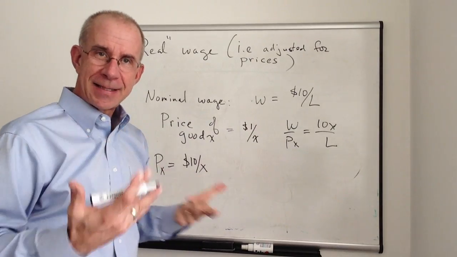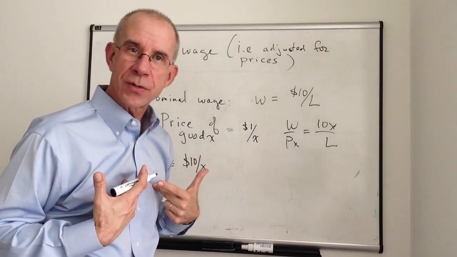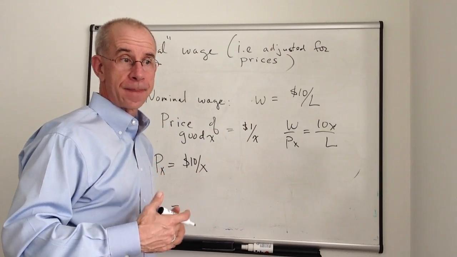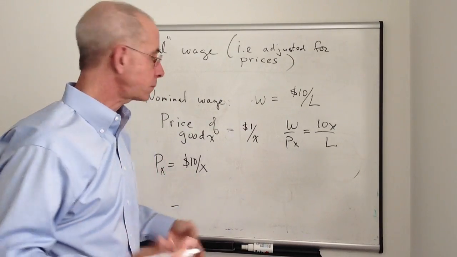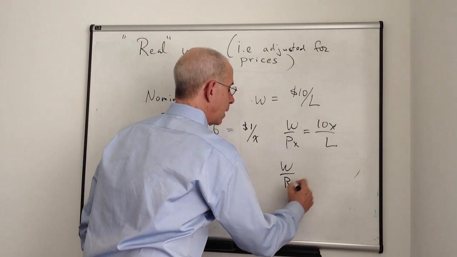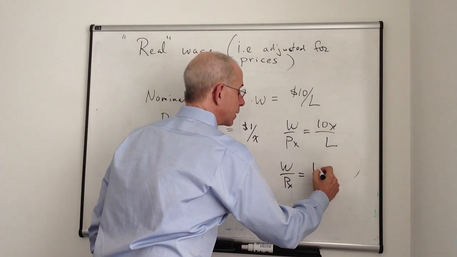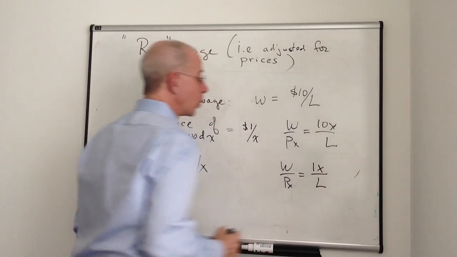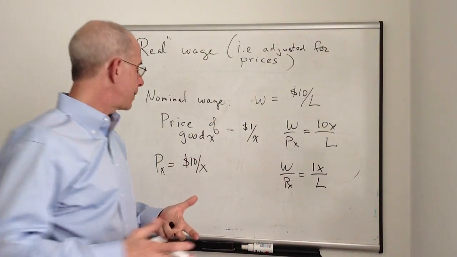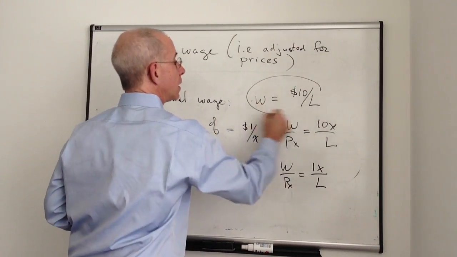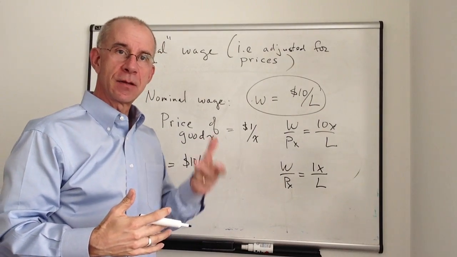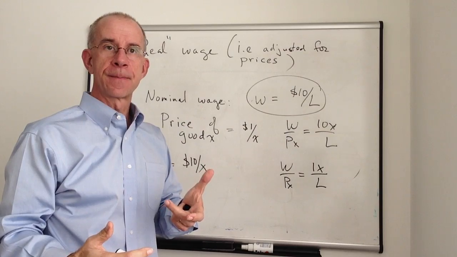Now, just basic intuition ought to say, well, I'm going to be worse off if I'm earning this, and the price of X has gone up tenfold. And indeed, if you look at this new price of X, with that same wage we would be able to buy only 1 unit of X with the hour of work. So what's happened is that even though the nominal wage may not have changed, the real wage has. The wage adjusted for the prices.